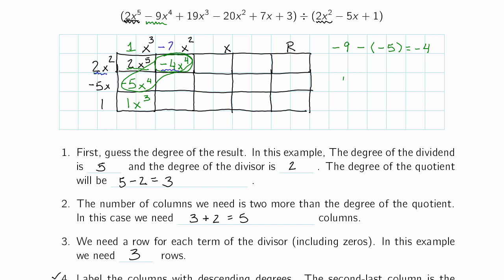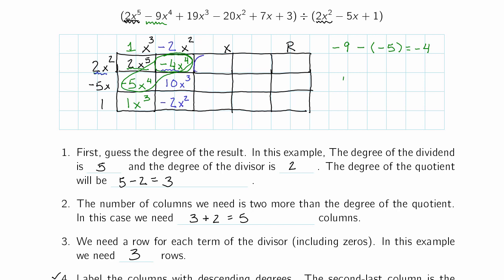Well, I need a negative 2x squared. Negative 2x squared times 2x squared would give me negative 4x to the 4th. Now I multiply to fill in the rest of the column. Negative 2x squared times negative 5x is positive 10x to the 3rd. Negative 2x squared times positive 1 is negative 2x squared.